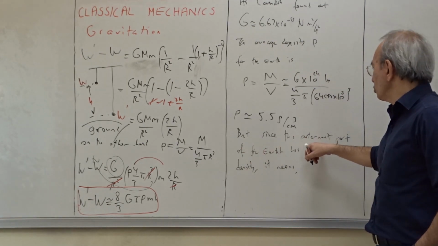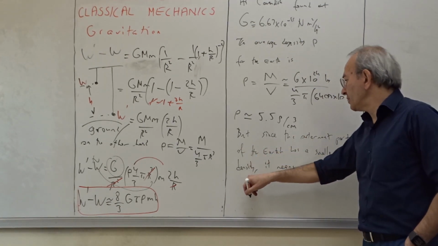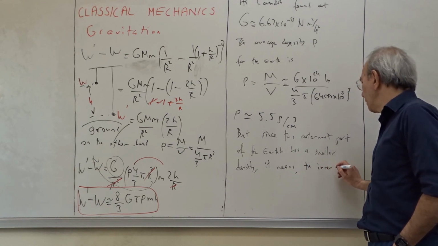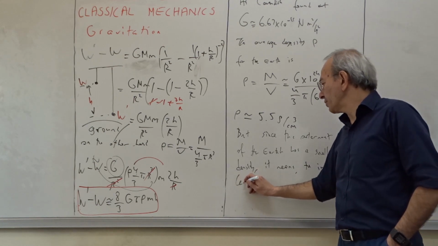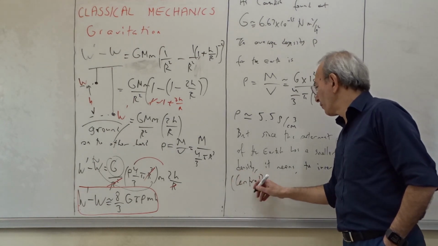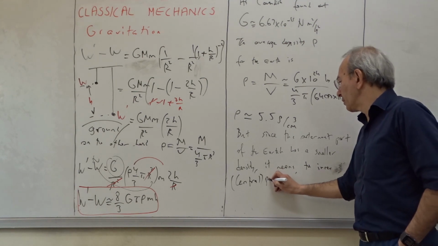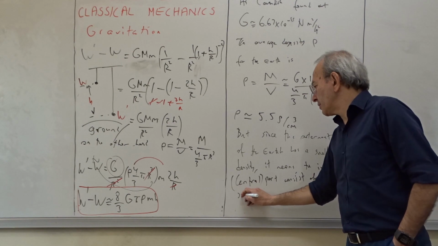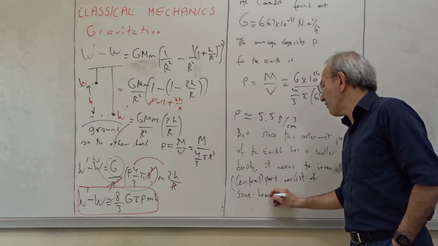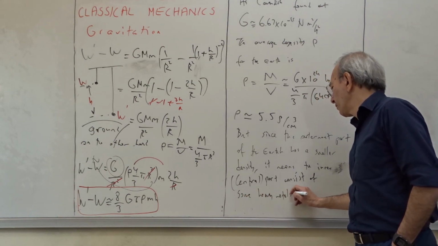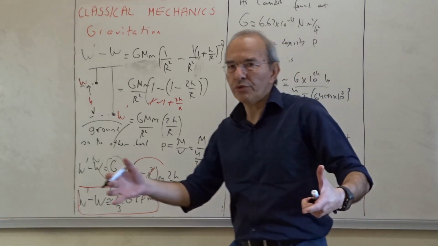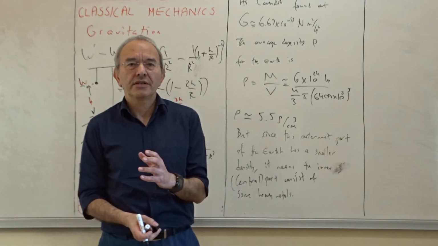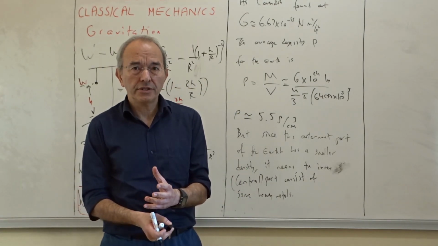But since the outermost part of the Earth has a smaller density, it means the inner central part consists of some relatively heavy metals, in liquid form possibly, because the temperature is expected to be a very high value inside the crust.